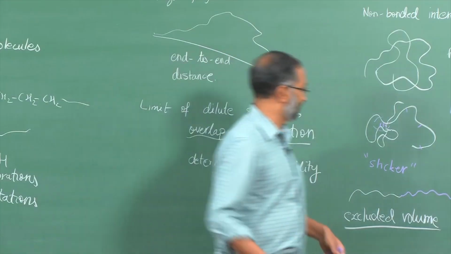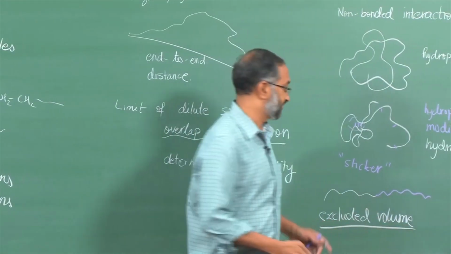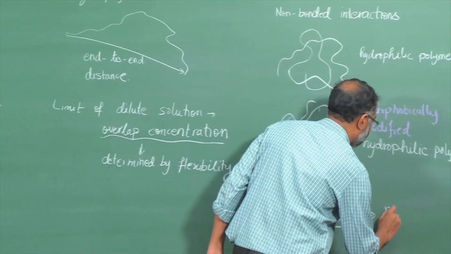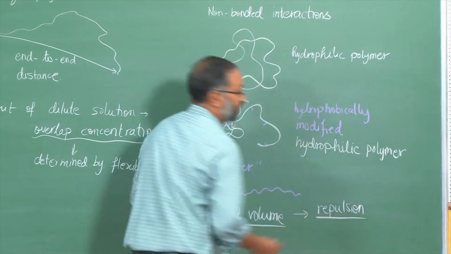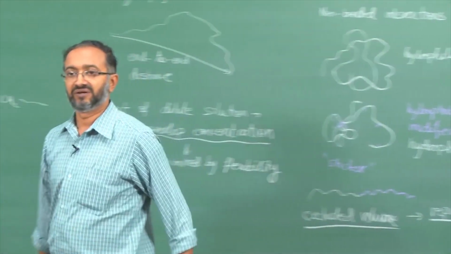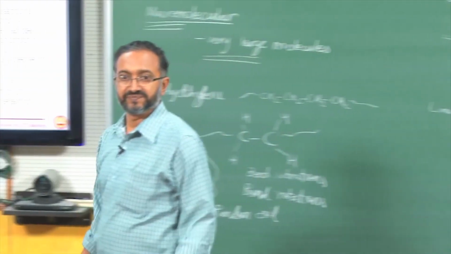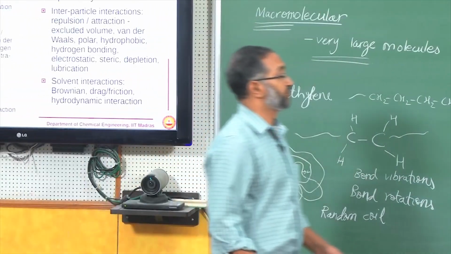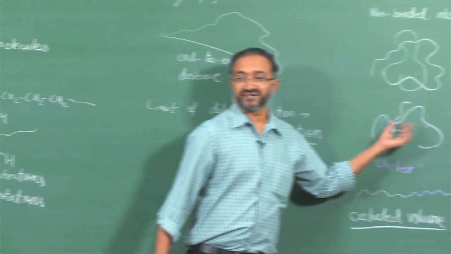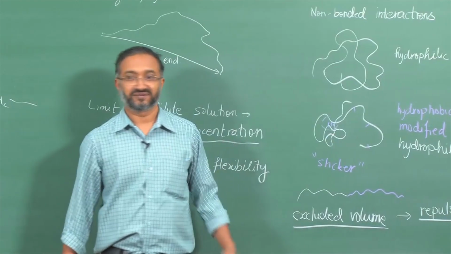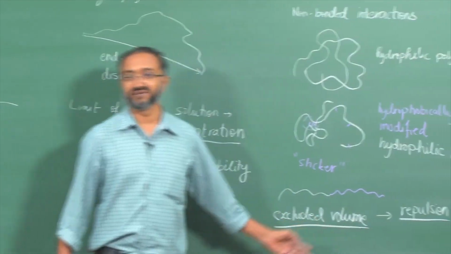So, this is called excluded volume, and this is generally a repulsion between electronic clouds of macromolecule or any other molecule also. So, you might have attractive interactions like hydrophobic interactions, hydrophobic are attractive, and then you also have repulsive interactions.